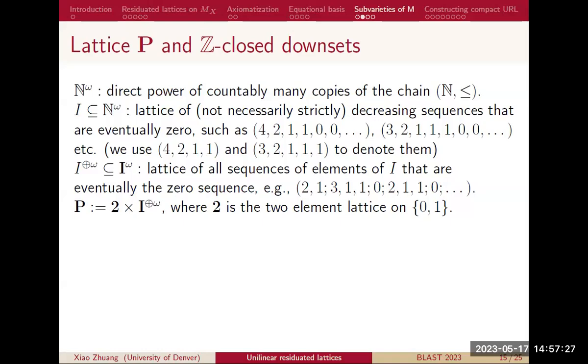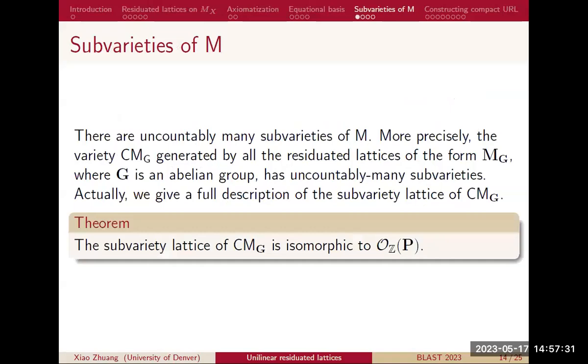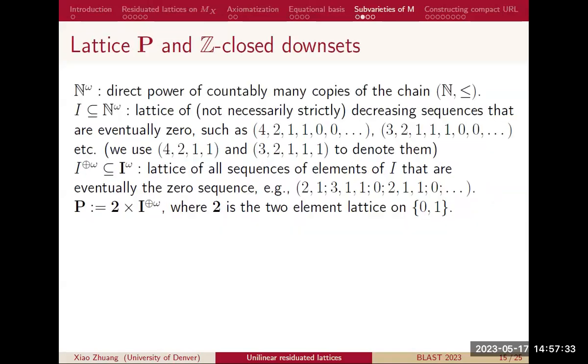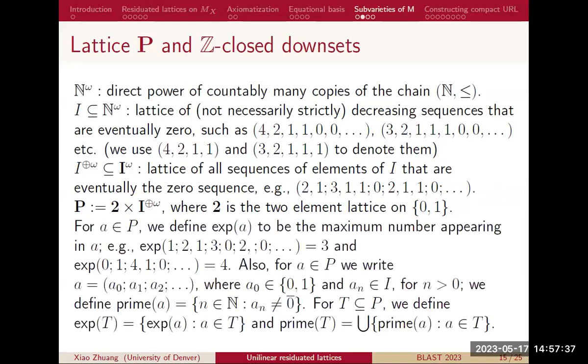And then what do the other parts mean, like this O, this Z? We have to define other notation about what we call the Z-closed down sets inside the lattice P. So how to define a Z-closed down set?